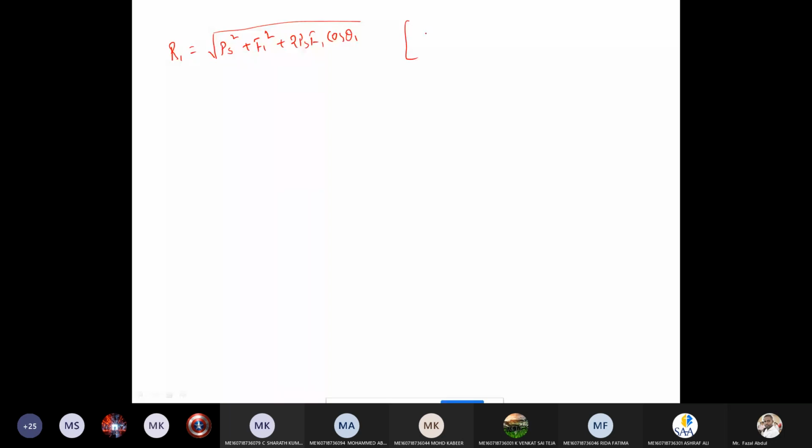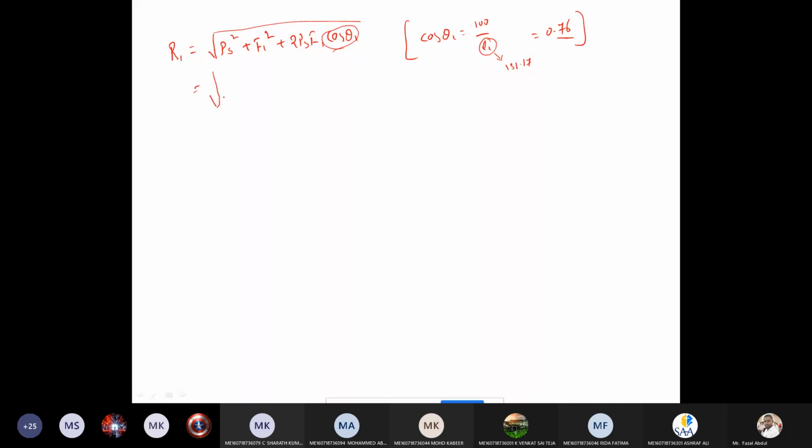Very good. Cos theta 1 is 100 by L1. L1 value we calculated, 131.17. That is 0.76. Substitute here. No, not degrees, just cos theta, 100 by L1. This value we have to substitute here.